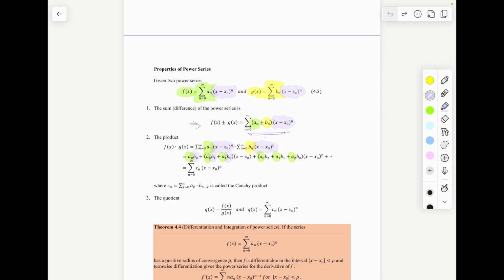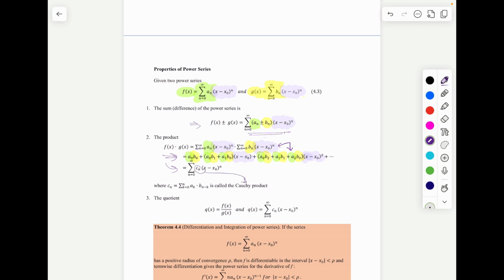Oh, wrong color. This one should be yellow. Okay, you can try to expand. How can this form become this form? You can try to expand. Then this expanded version can be rewritten as a new form of power series that we call this c_n, the Cauchy product.